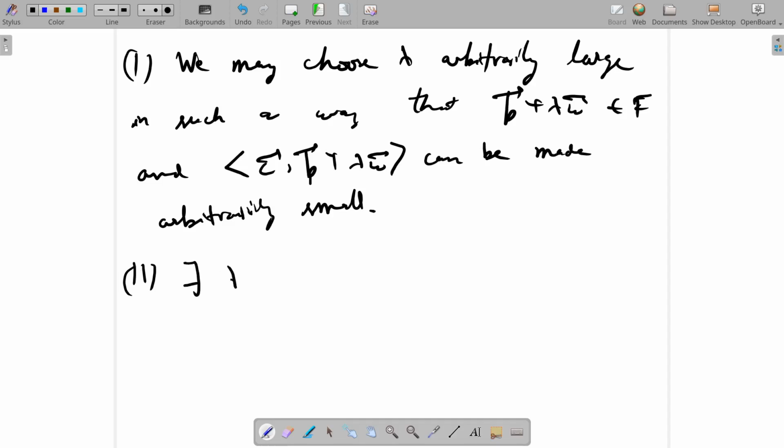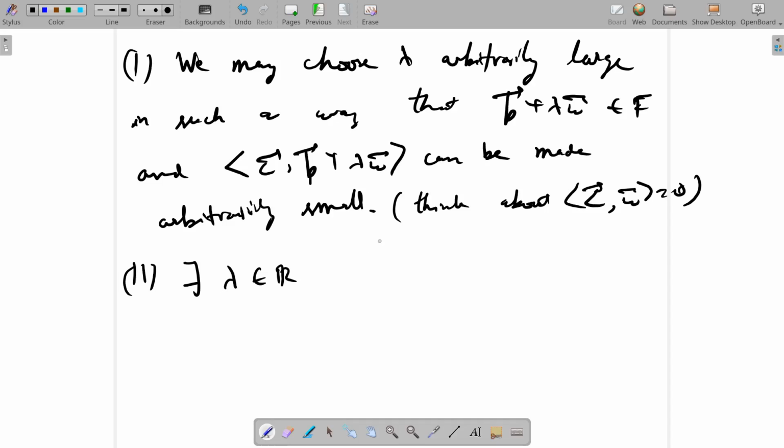Or there is lambda in R. Think about C dot W equals 0, let me just make a note.